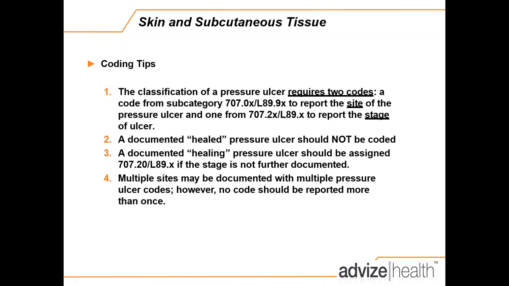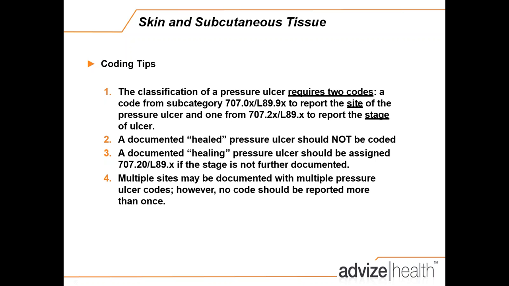All right, classification of a pressure ulcer requires two codes. A code from the subcategory to report the site, and one from L89 point whatever to report the stage of the ulcer. Let me rephrase that. So again, you want the site and the stage.